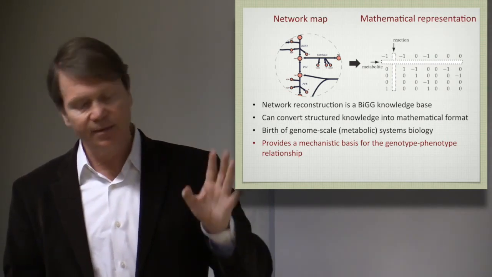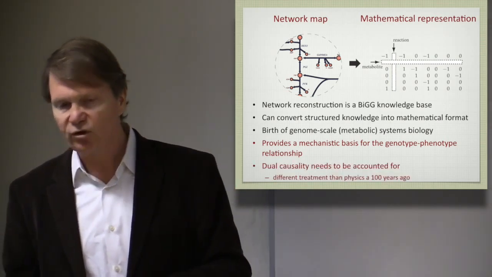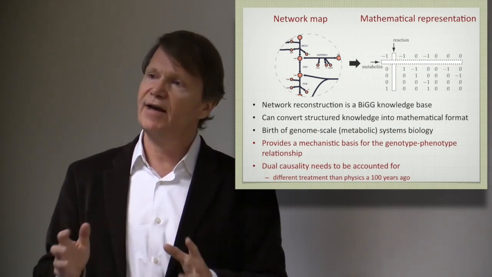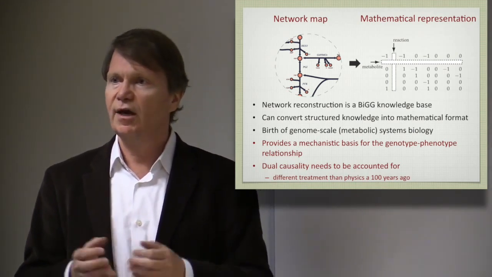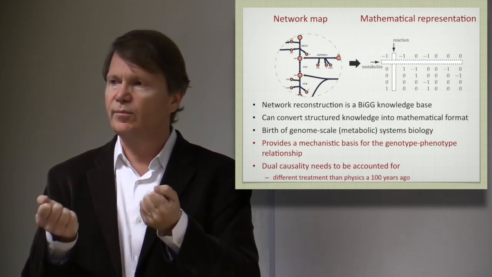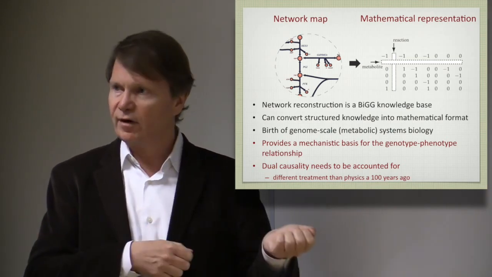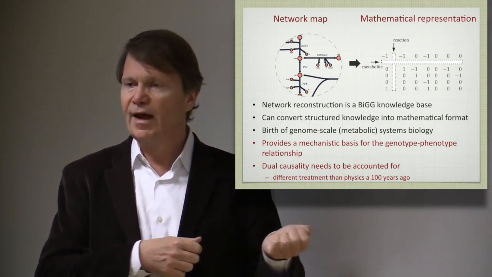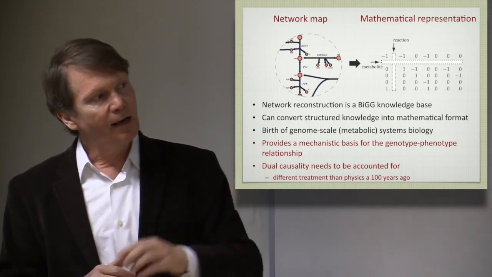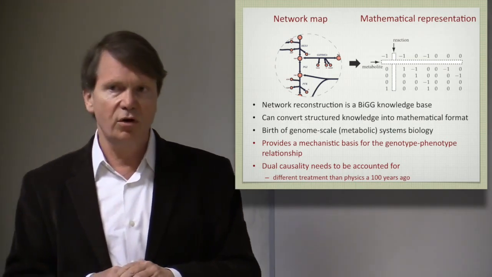And this is a fundamental transformation, or I would say a fundamental event in the history of life sciences. We finally have fundamental equations and laws and principles like, say, physics developed 100 years ago or so. And this is a process that I think is just starting. I'll introduce you later to the notion of dual causality.